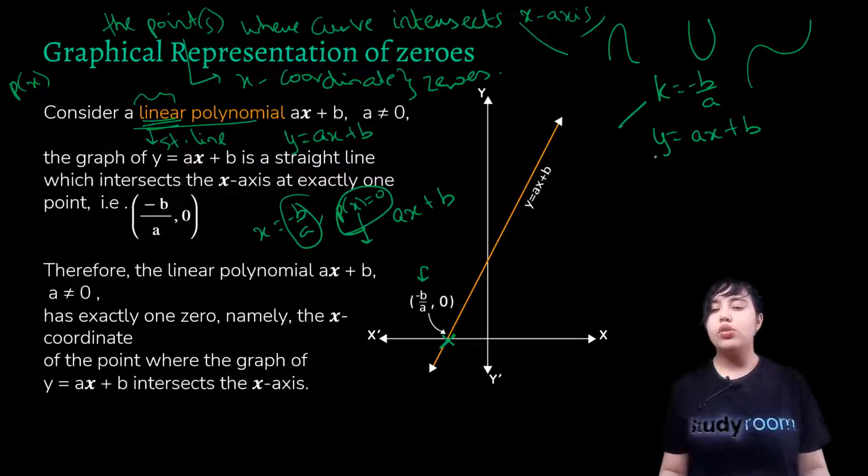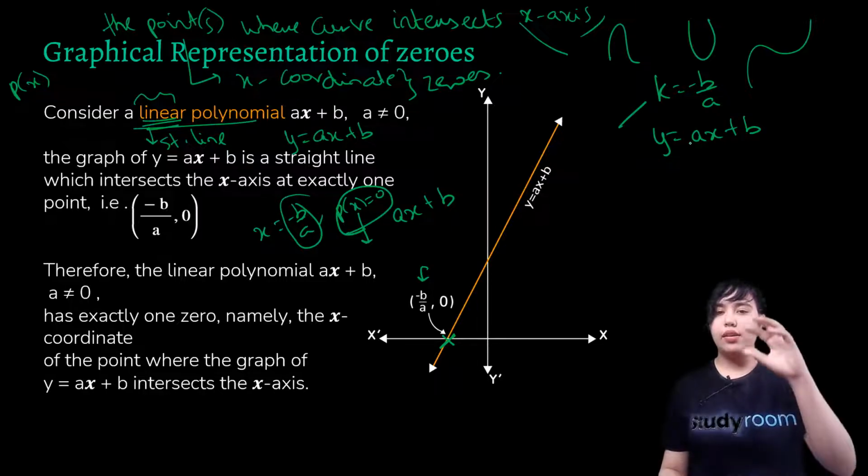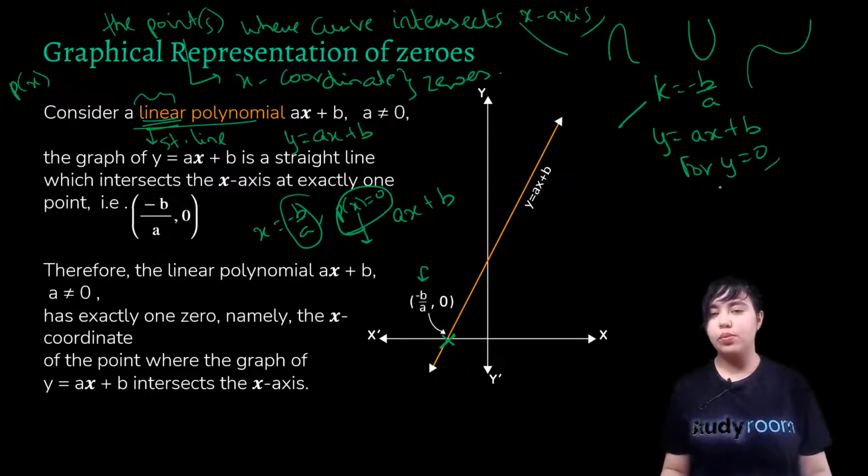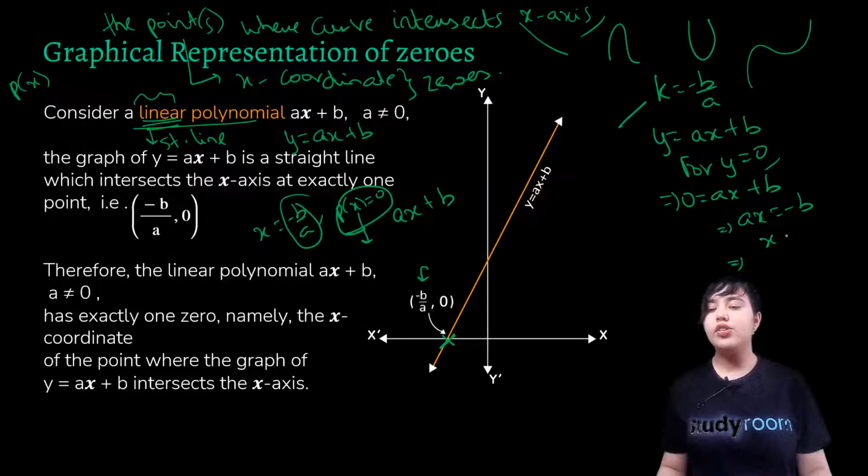So to find the points where the line or the curve is intersecting the x-axis, you have to take y equal to 0, because on the x-axis y is equal to 0. Then you get 0 is equal to ax plus b. You move b over there, it becomes minus b, so ax is equal to minus b. Then you bring a over here, and you get x equal to minus b by a. That's how we are getting this. So here we just got 1 zero for this linear polynomial.